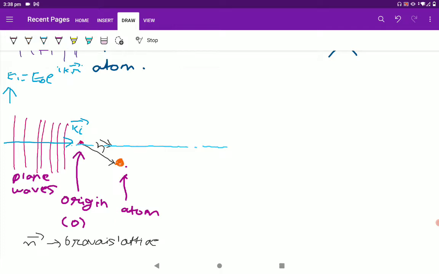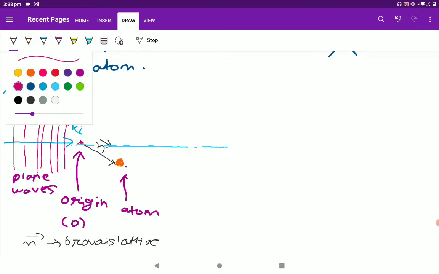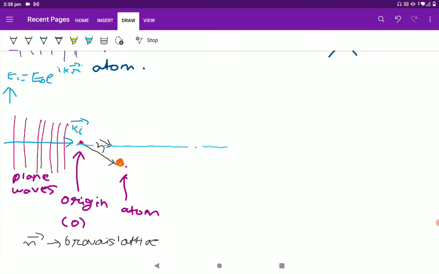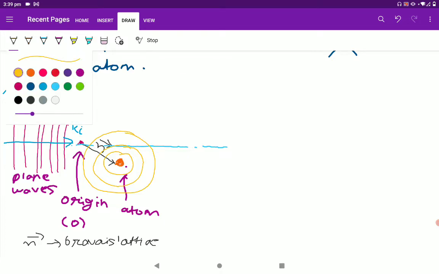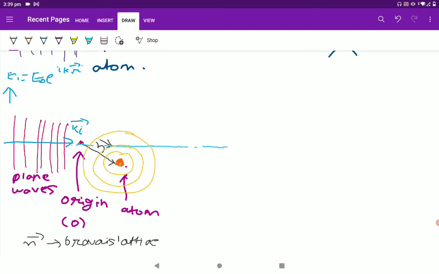When the plane wave hits the atom, it generates spherical waves in this fashion. Imagine that we have a detector in this position. Now we have put the detector at this point.